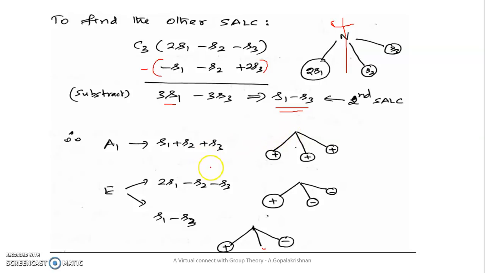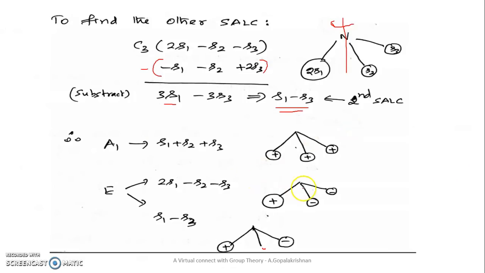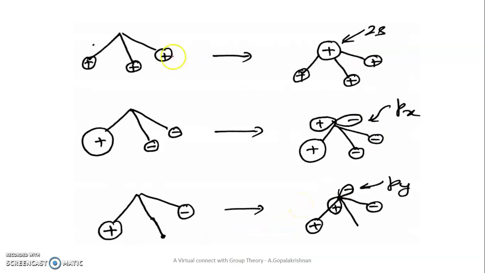Okay, then for E we have these 2 orbitals px and py. So px is suitable for this, and py is suitable for this one. Are you able to understand? So see this. For the first group orbital, the suitable atomic orbital of nitrogen is 2s.